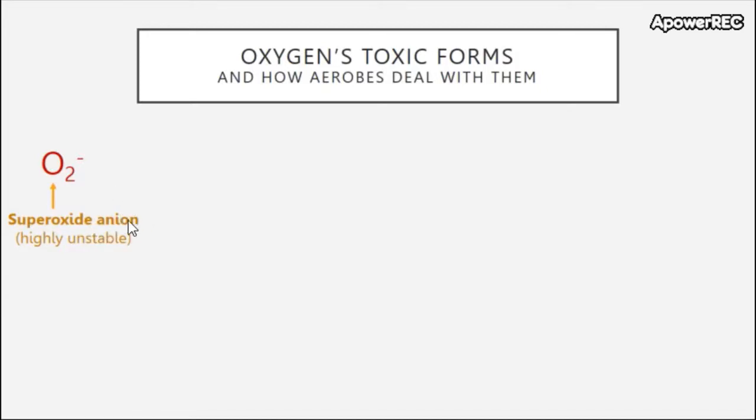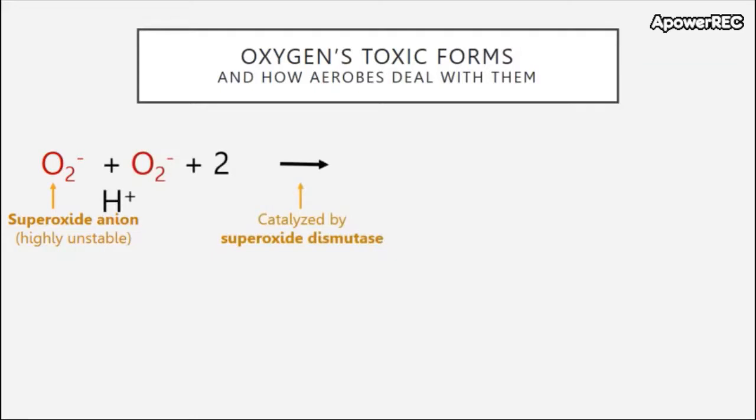So an ion is a molecule or an atom that has a charge. So this anion means that it has a negative charge. And so it has an O2 negative charge to it. And this is extremely unstable.